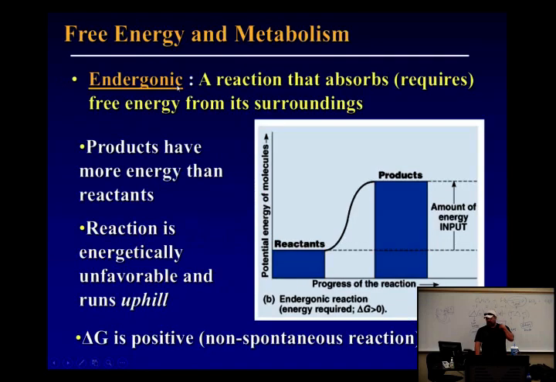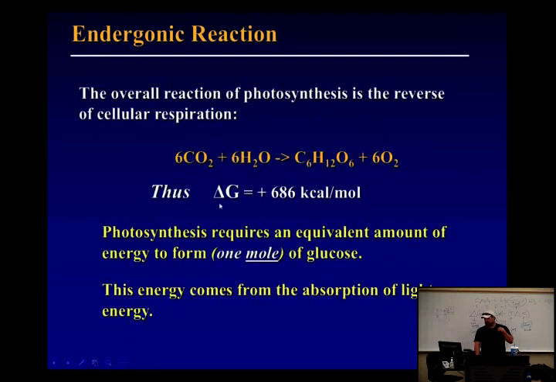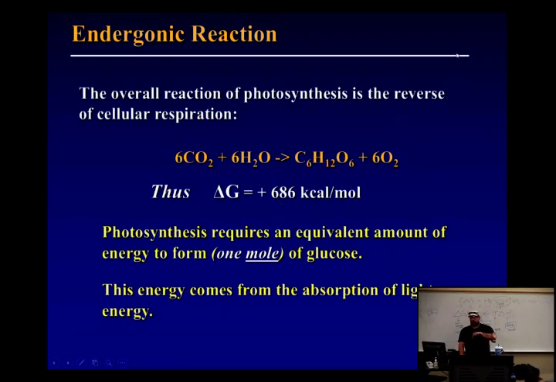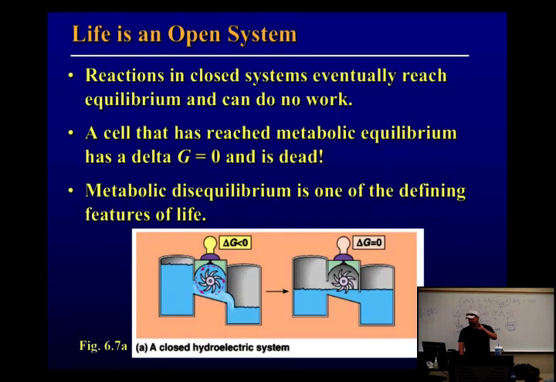We call that reaction endergonic because it takes in not necessarily heat, because that would be endothermic. But this is energy, so it's endergonic. It requires energy. And so you guys guessed it, 686 calories of energy have to be input in order to produce 1 mole of sugar. Because the law of thermodynamics says that we can't create or destroy energy, we can only change forms.